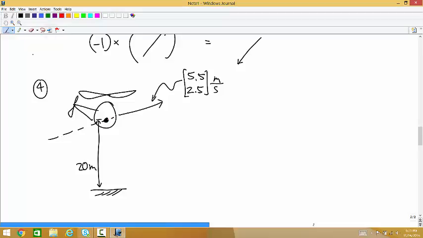And the object will follow a path like that. It starts out with the same velocity as the helicopter, which means it'll go up a little bit higher, not very much, because the helicopter isn't going up very fast. And then it'll start to fall down. It'll follow this parabolic path.